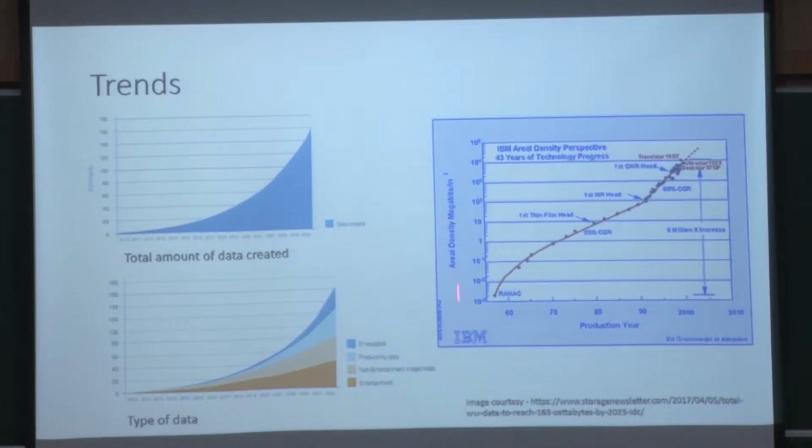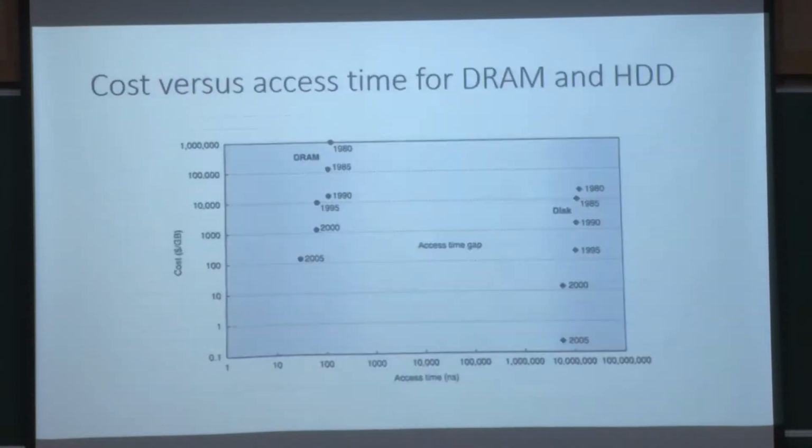And on the y-axis is a log scale depicting how the storage density of hard disk drives has been increasing over time, right? If you look at this, from the 60s it went on really quickly, and then it's been making some progress, but it's not keeping up with this exponential growth in data generation that has been happening, right? So again, one more motivation for studying storage systems.